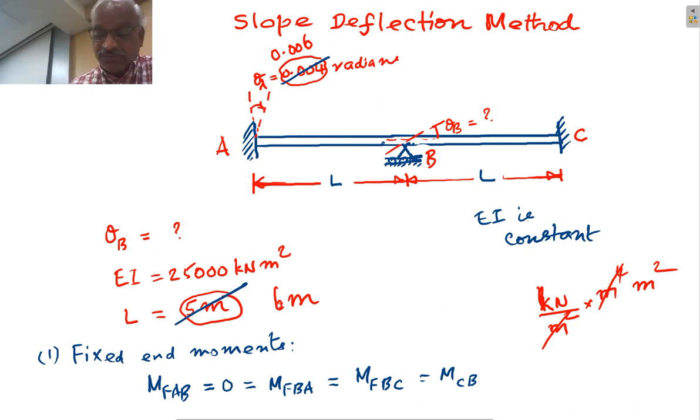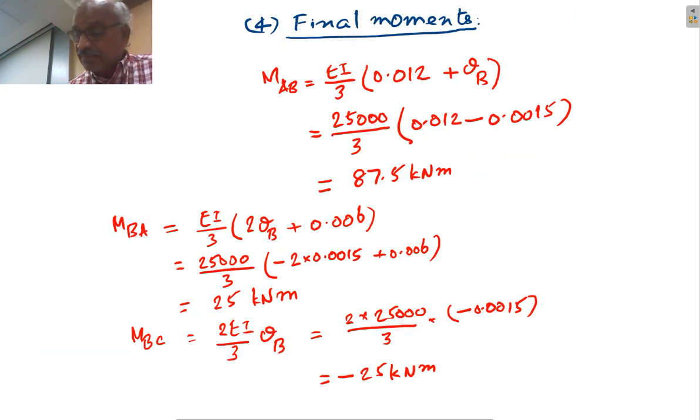Here for this MAB they got 70 kilonewton meter. For us, the span and theta are different. And for this minus 25, they got minus 20.